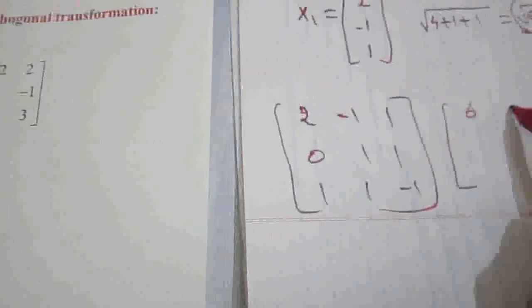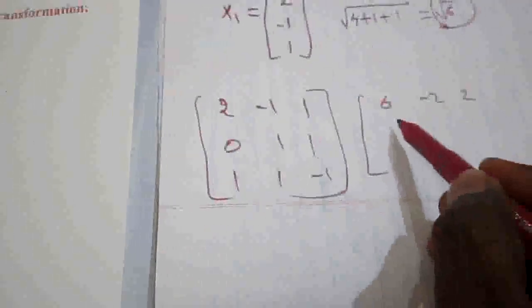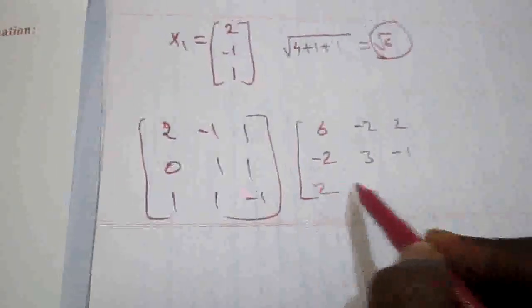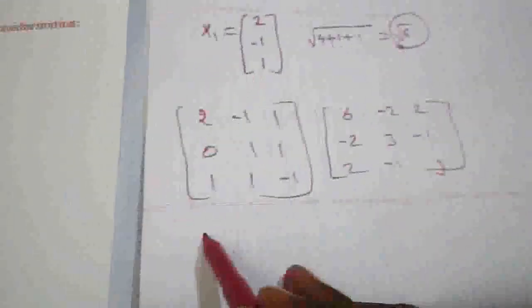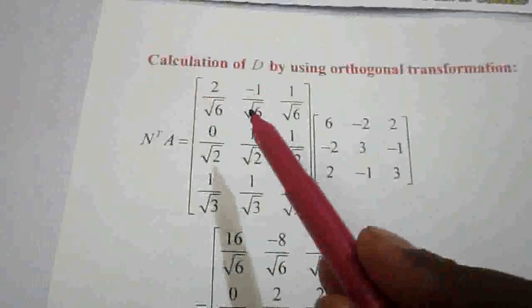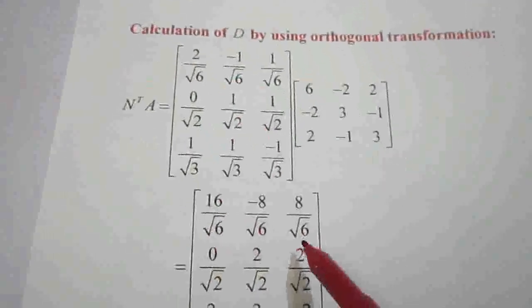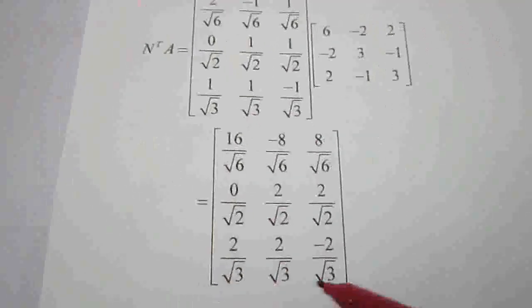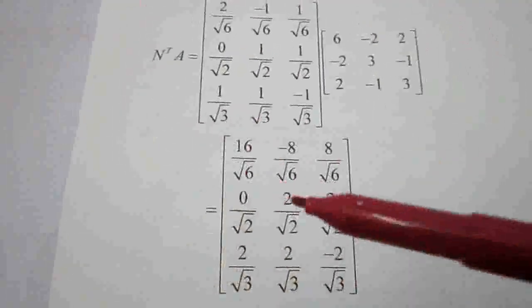A is 6, minus 2, 2; minus 2, 3, minus 1; 2, minus 1, 3. You just multiply these two matrices. In the resulting matrix, you divide by root 6 in the first row, root 2 in the second row, and root 3 in the third row. So this is N transpose into A.